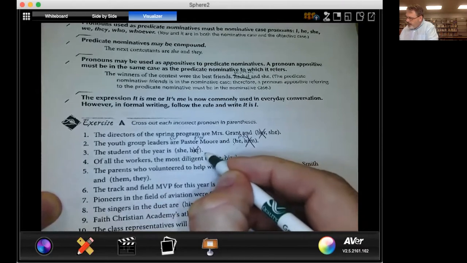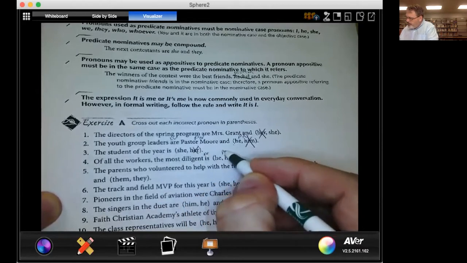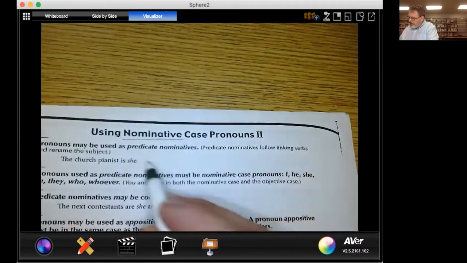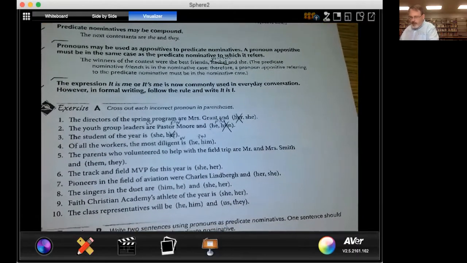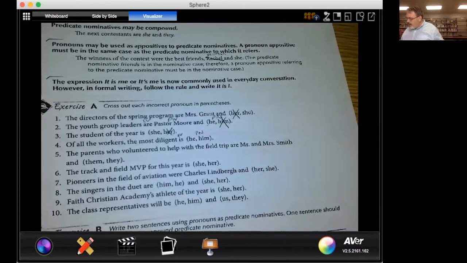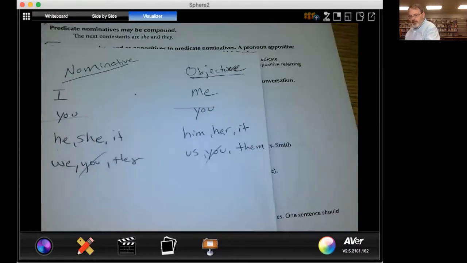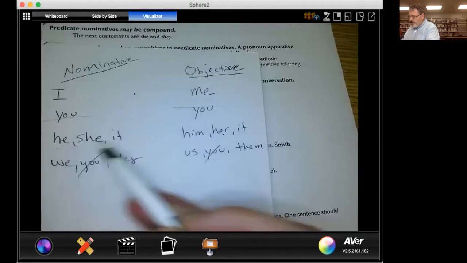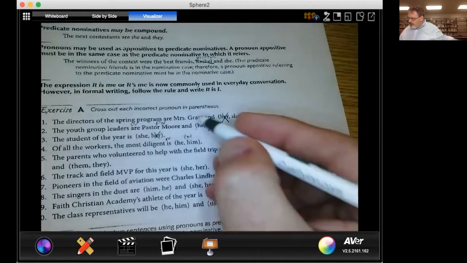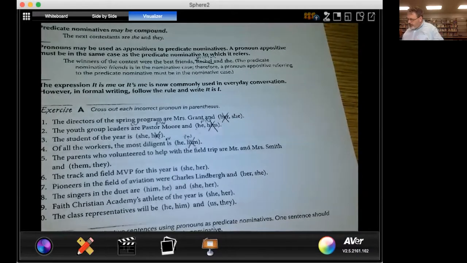Since this is a linking verb, we know this is a predicate nominative. Also, we know it's a predicate nominative because we're talking about predicate nominatives here. Which one do you think is the nominative case? Looking at our list, he is nominative, him is objective. So we want to use the nominative case, and we cross out him.